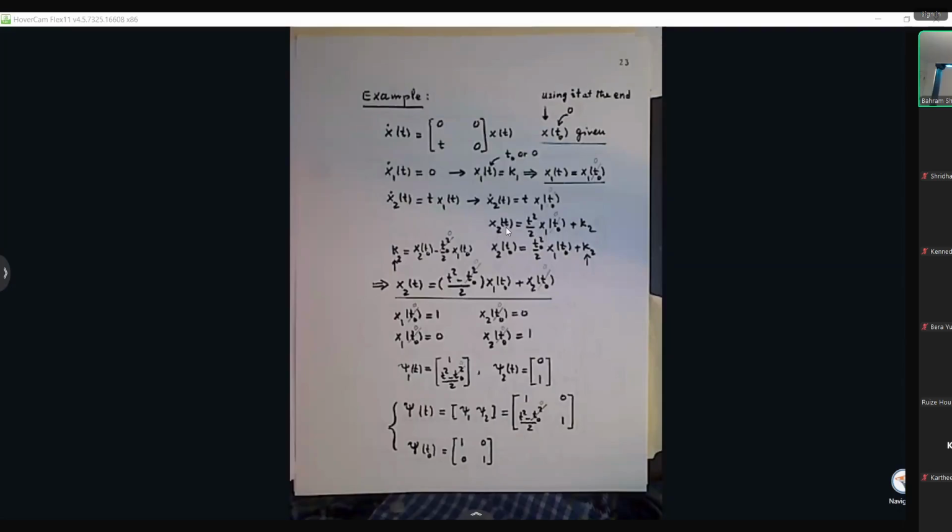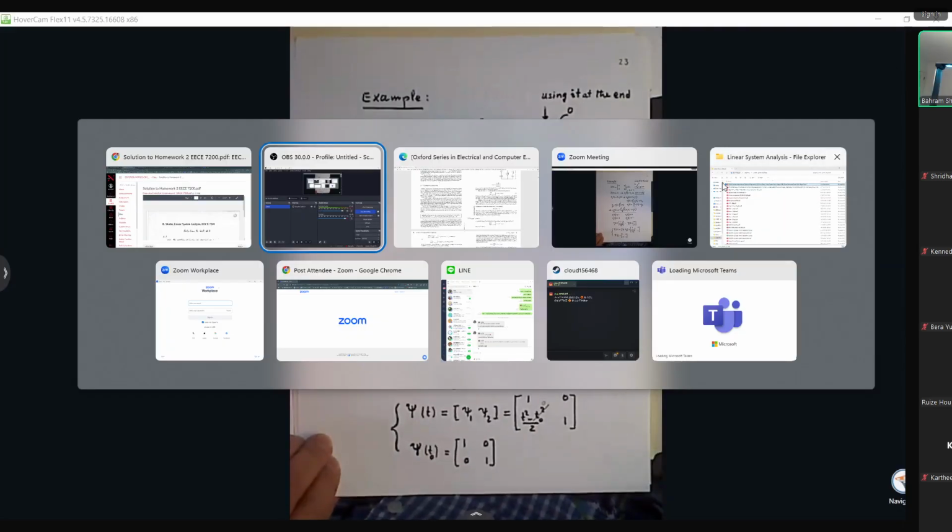The same way you put t equal to 0, you find k2, and you substitute back here, so you get this equation. Okay? This part, you find this, and you find this. At this point, you assume this initial condition that you see, x1 of t0, x2 of 0. These are not really the initial condition of the system that is given. They are given at the beginning of the problem.